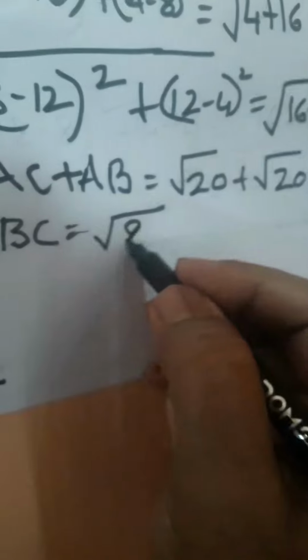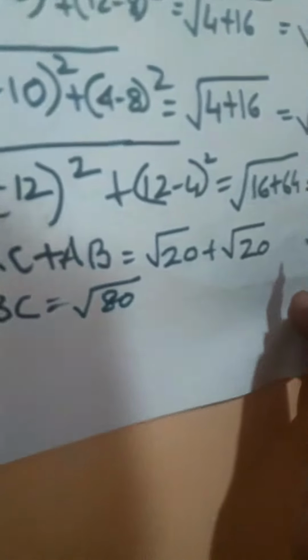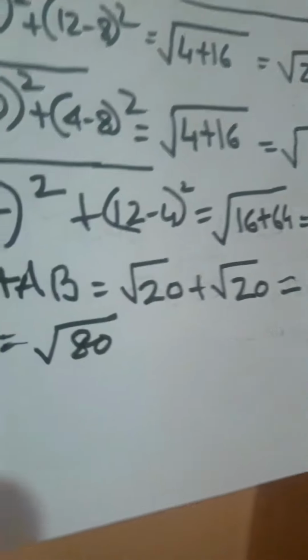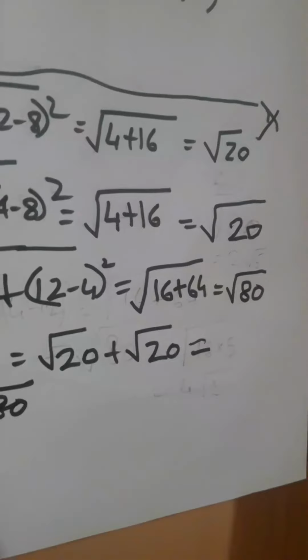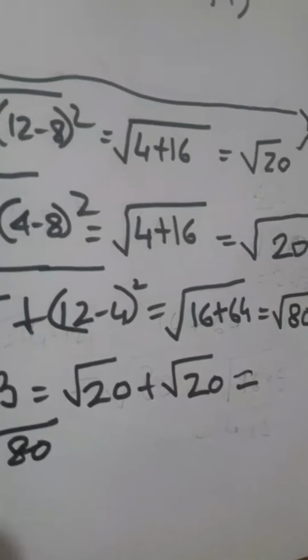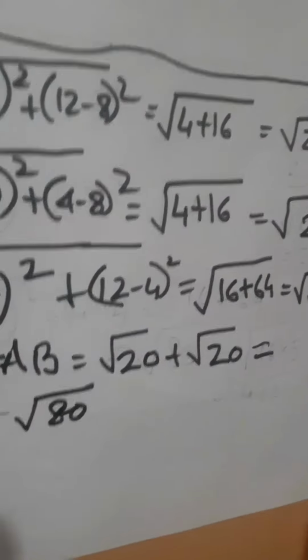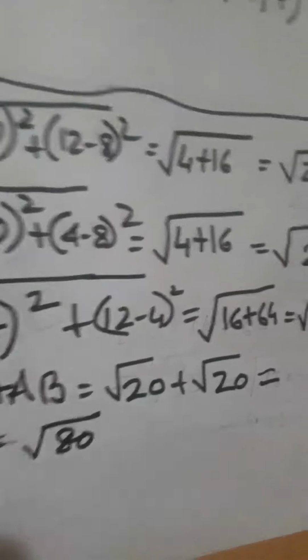Here root 20, what we can write? 20 is 5 into 4. So root of 20 we can write as 2 root 5. So 2 root 5 plus 2 root 5 is 4 root 5.